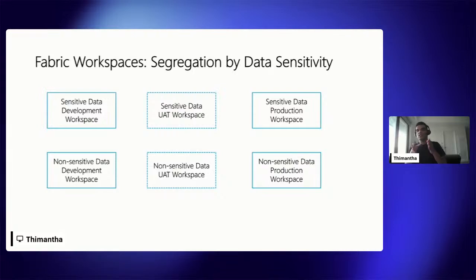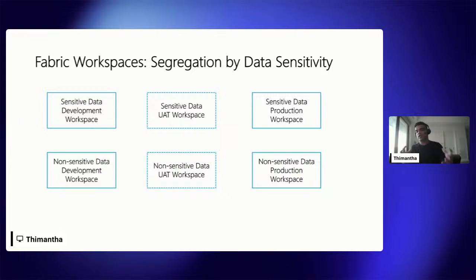You can have separate workspaces for sensitive and non-sensitive data. Sensitive data would have its own Fabric items in a separate workspace, and non-sensitive data would be in its own separate workspace with its own Fabric items, right?